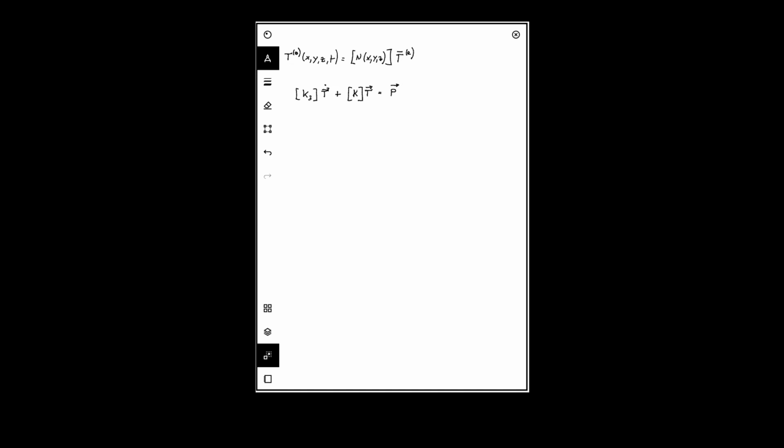First of all, we have to start by writing the governing equation.